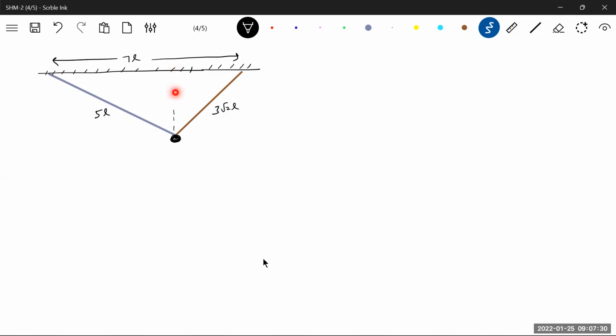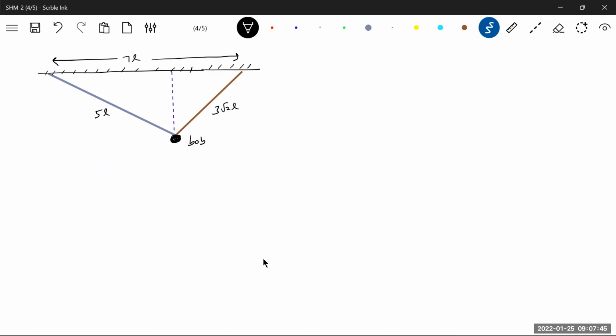This is some reference. This can be asked in the exam. Here is a bob. This is a bob. We have to find out the time period of oscillation.